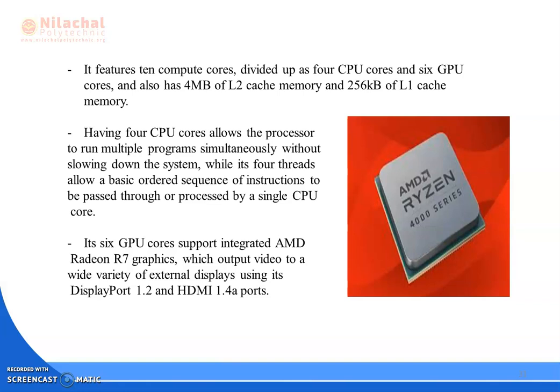So it is very good in graphics processing units. We can choose this processor for any graphics application. The cache memory is also a good amount, that is 4 MB of level 2 cache memory.